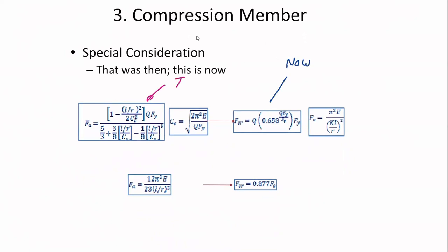So I can say when I was a student, when I was your age, this is what I had, you know, this horrible looking formula that scared me to death. And I could never understand what was going on.